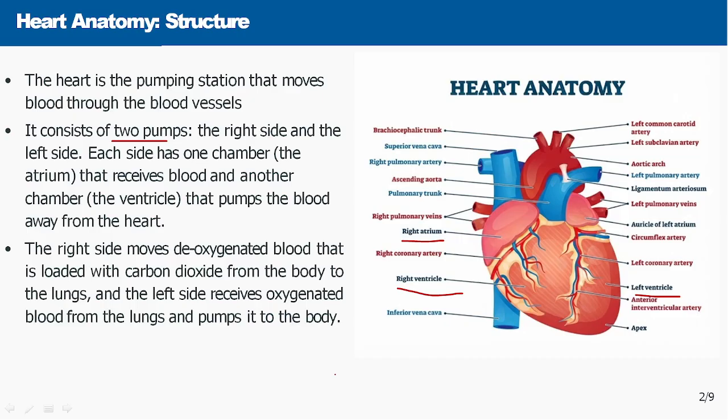The other path of circulation is from the heart to the lungs, and after oxygenation, from the lungs to the heart. This circulation is known as pulmonary circulation. So, we will see what we have next.